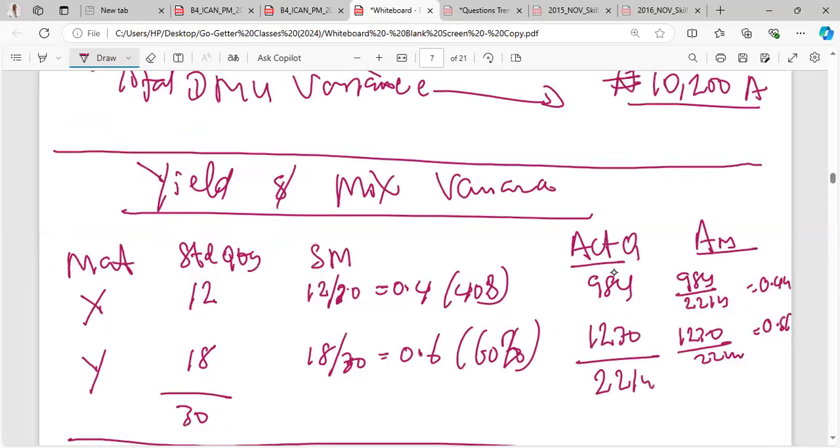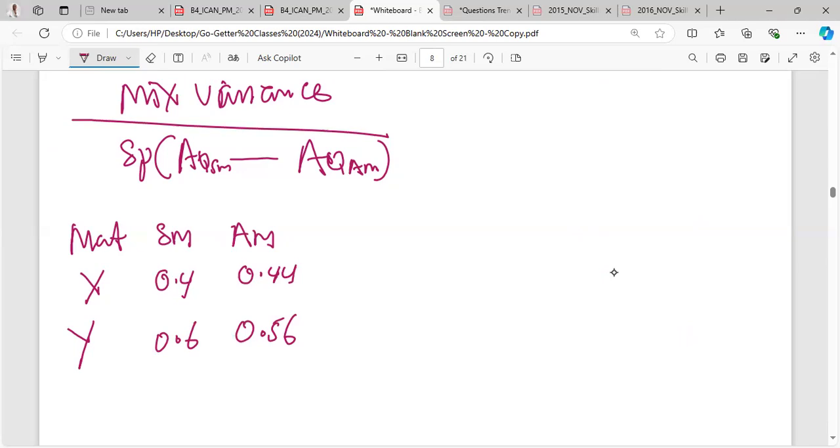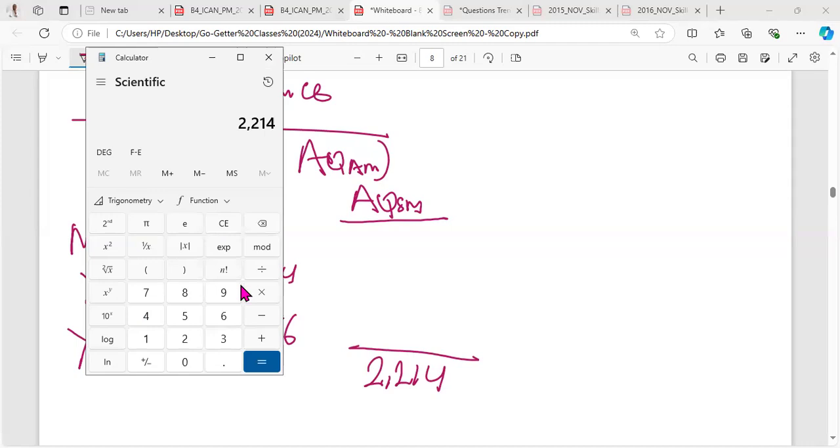Then we have actual quantity, standard mix. Let's derive that. Actual quantity here is 2214. 2214 multiplied by 0.4 should give you 885.6.